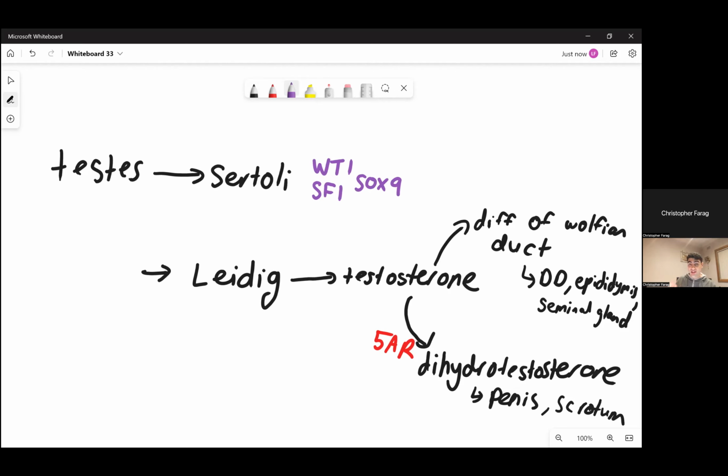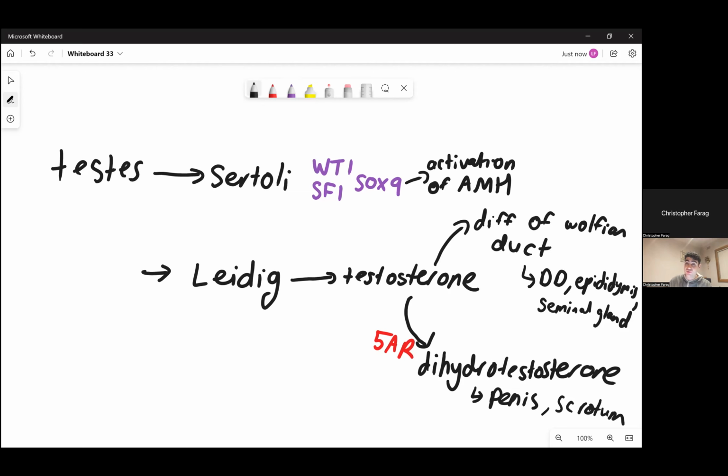And now this SOX9 gene is then able to cause an activation of AMH expression, okay? So this causes an activation of anti-Müllerian hormone. And hopefully this rings a bell. We spoke about the Müllerian duct being specialized in a female to produce the structures of the female reproductive tract.